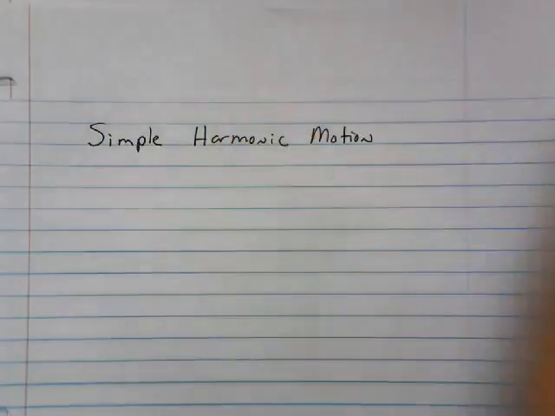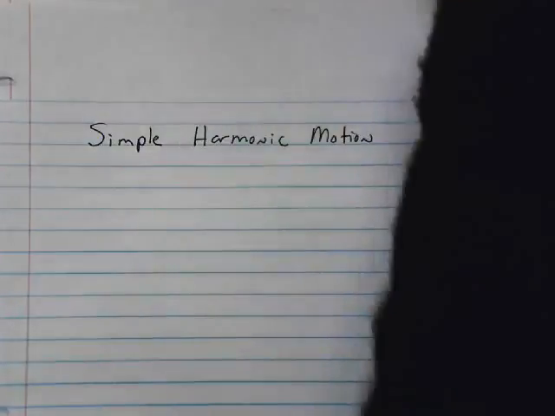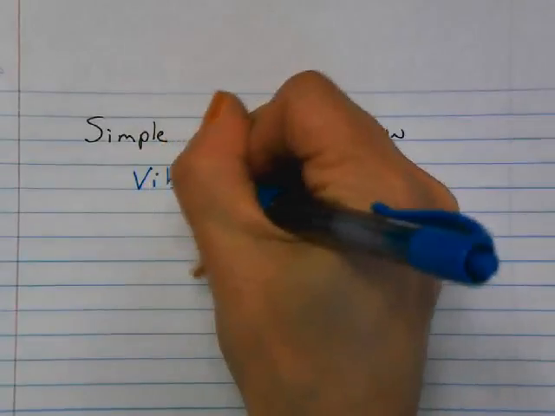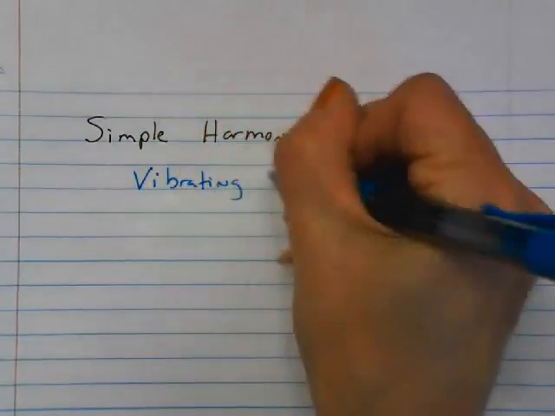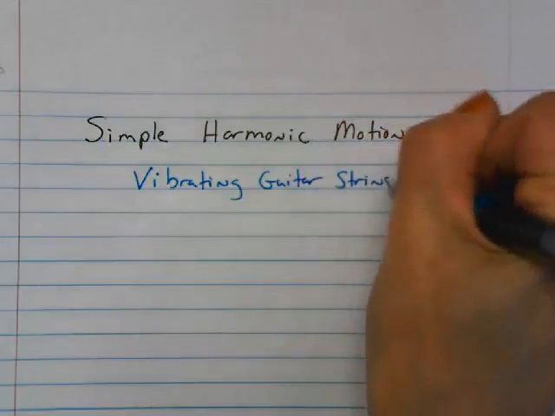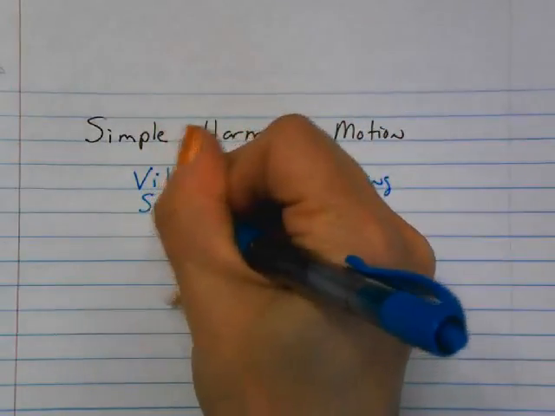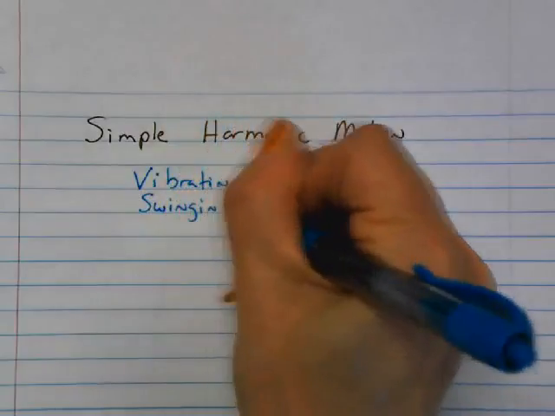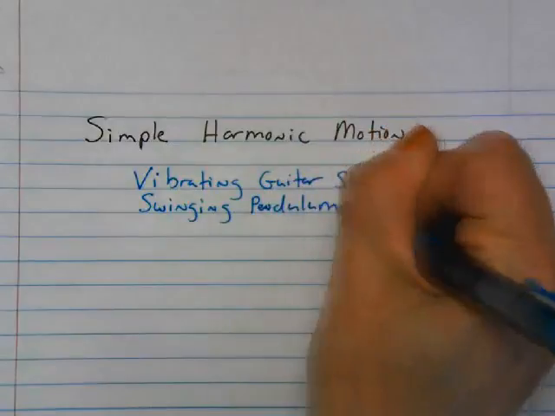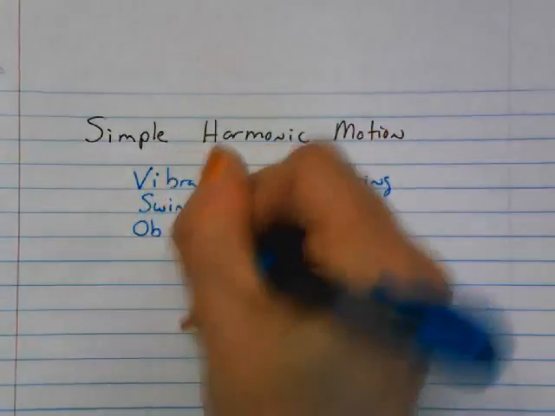Examples of simple harmonic motion are a vibrating guitar string, a swinging pendulum, an object attached to a spring.